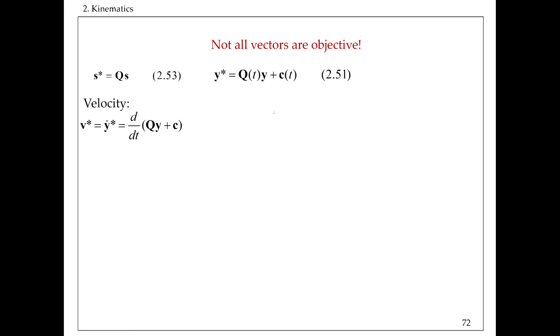Okay, so let us start from the velocity. The velocity vector after the rigid body motion, so this v star, is defined as the time derivative of that vector u star after the rigid body motion.